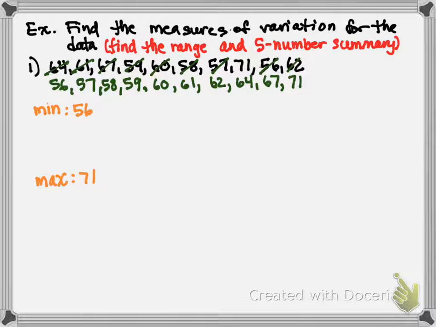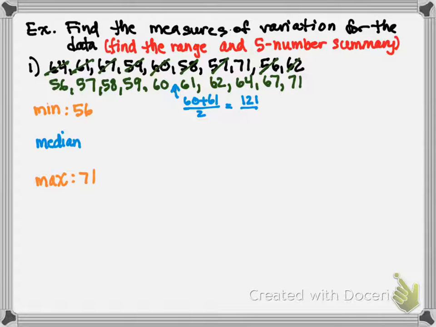Next, I'm going to calculate the median. So let's see, 1, 2, 3, 4, 5, 6, 7, 8, 9, 10 numbers. So between the 5th and 6th number would be the middle. 1, 2, 3, 4, 5. Now, what I could do to figure this out is add them together and divide by 2, so I'm actually finding the mean of those two numbers.